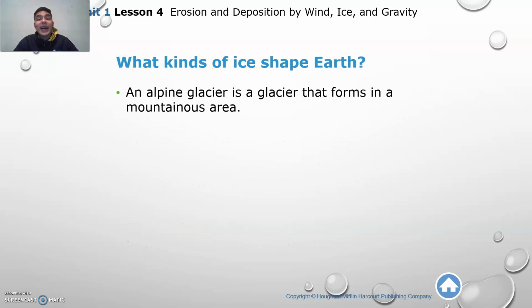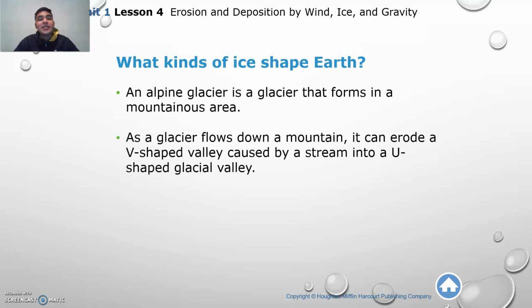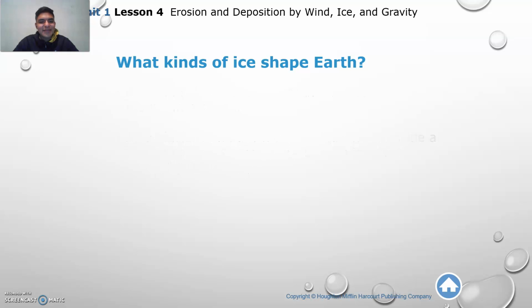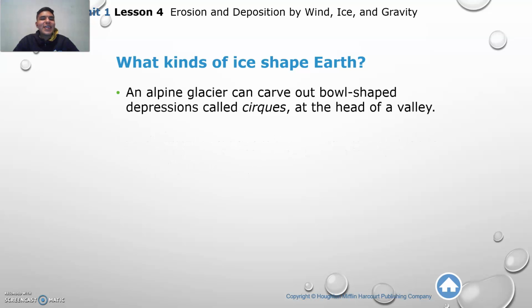And an alpine glacier is a glacier that forms in a mountainous area. As a glacier flows down a mountain, it can erode a V-shaped valley caused by a stream into a U-shaped glacier valley. An alpine glacier can carve out bowl-shaped depressions called cirques at the head of a valley.